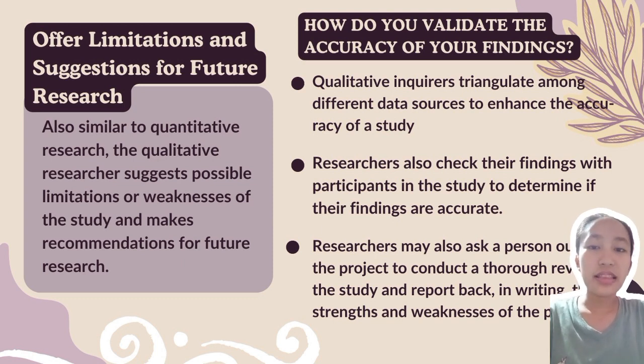This person looks at different parts of the research and writes or talks about what they think are the strengths and weaknesses. They might ask questions like if the findings make sense, if the conclusions are logical, and if the researcher's biases are affecting the results. Auditors typically ask questions such as those mentioned by Schwandt and Halpern, 1988.